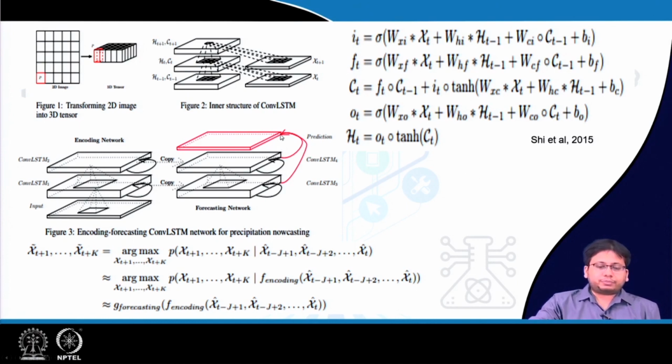Now to increase the representative power and to have a longer long term memory, we often use stacked LSTM units. That is, instead of having a single LSTM unit, we connect several LSTM units. In this case, the input is not an ordinary sequence, but a sequence of spatial maps, which is effectively an image.